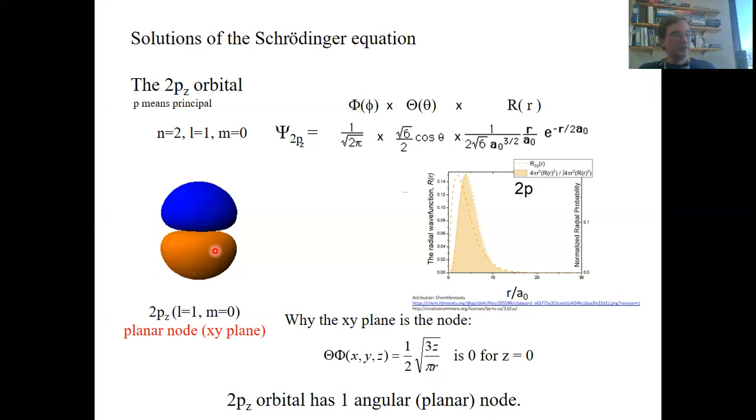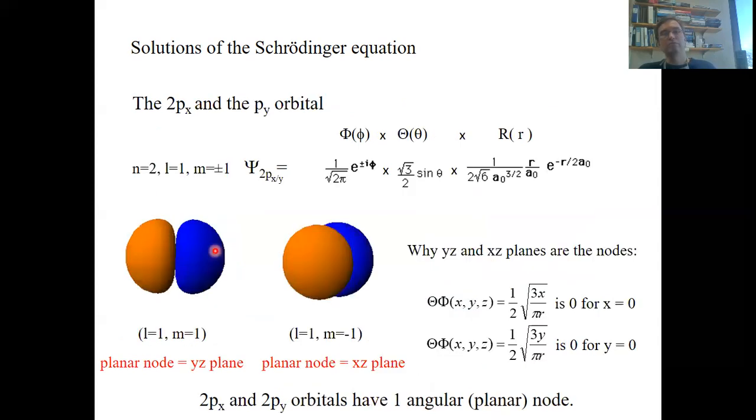All right, now we have discussed the 2pz orbital. Now what about the other 2p orbitals? So we have the px and the py to consider. So the wave function for the 2px and 2py is given by this form here. Let's look first at the angular part of the wave function.